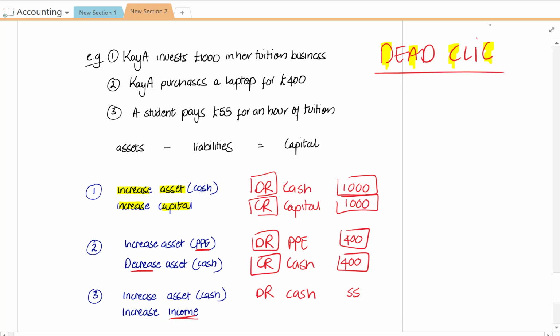If we apply DEAD CLIC, there you have it. The I stands for income. To increase income, or even to increase capital, you're always crediting. So we're going to use the CR here, credit income 55. We can see again that the debits and credits total.